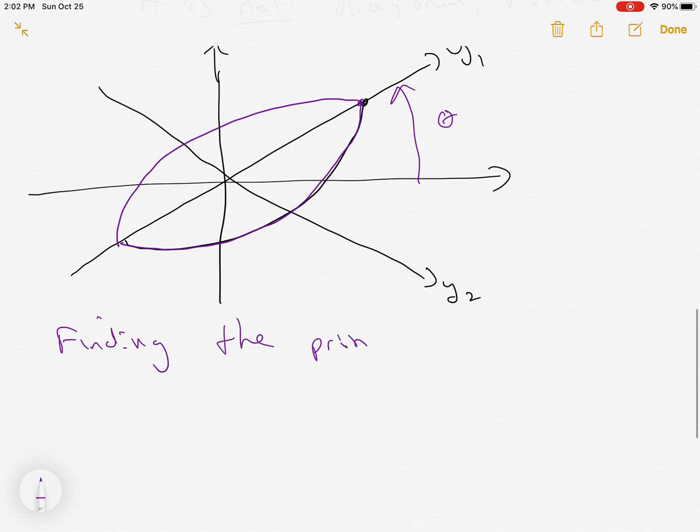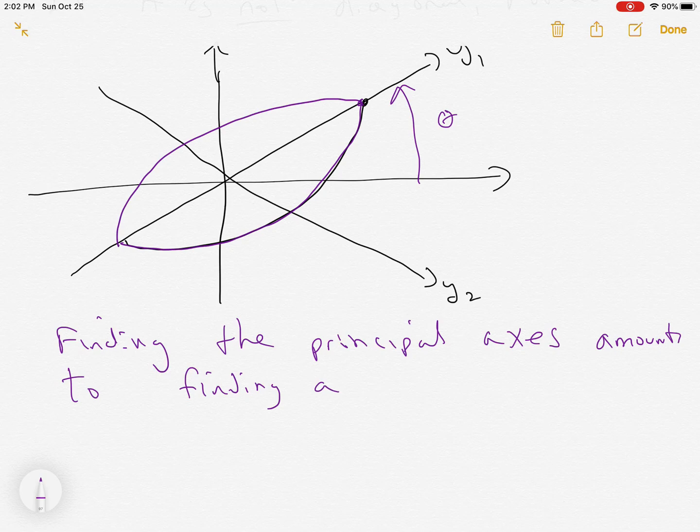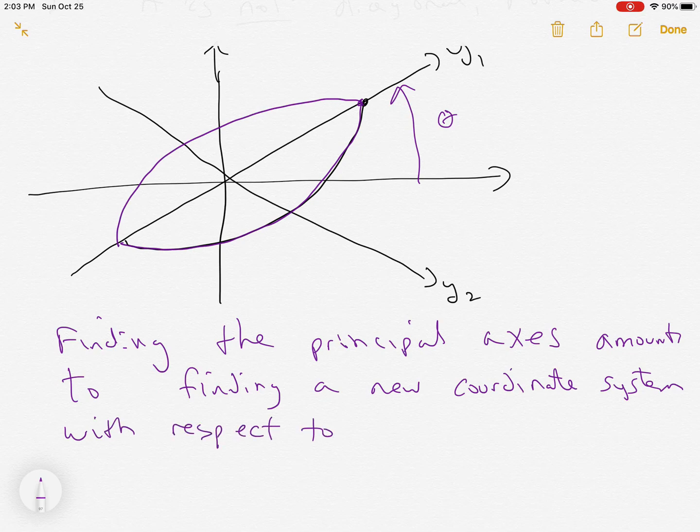Right? However, finding the principal axes amounts to finding a new coordinate system with respect to the standard position.